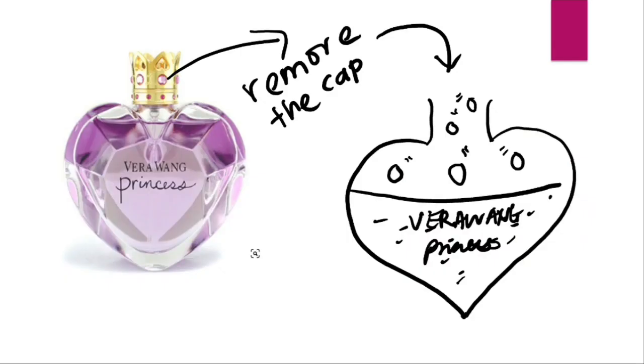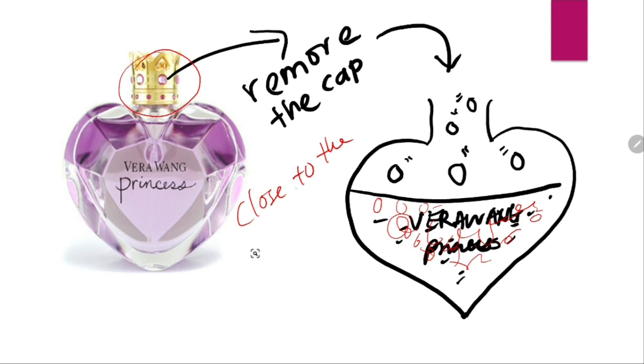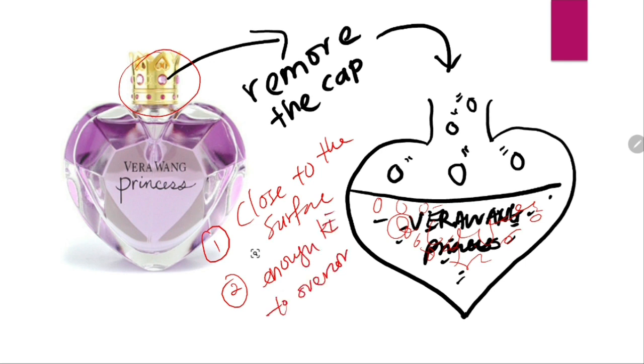So once we remove the cap, the liquid molecules inside the bottle, if they are close to the surface, again, close to the surface, and secondly, have enough kinetic energy to overcome the intermolecular forces, can change themselves into gas or vapor molecules.